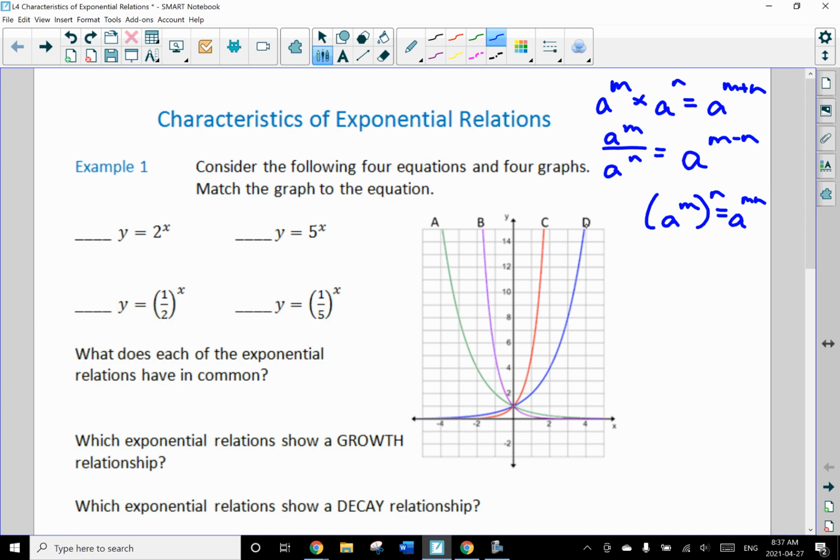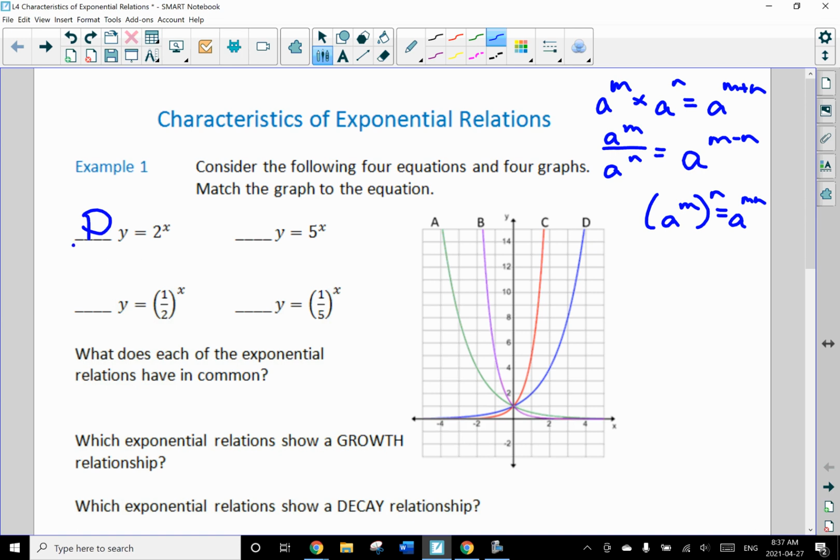Some of them are growth and some of them are something called decay, but they all have certain aspects that are common. So if we look at those four graphs, I am going to tell you which one is what based on their colors. So the base graph that we want to look at is this one right here.